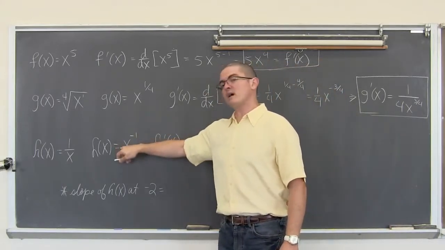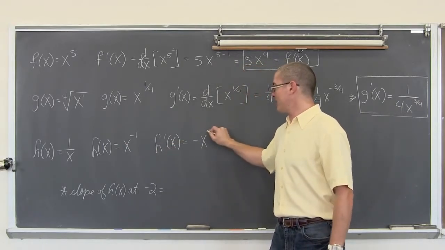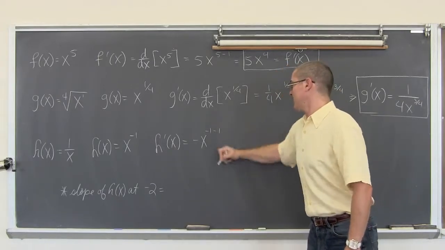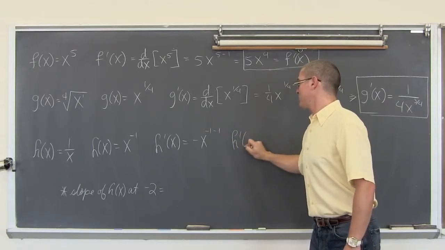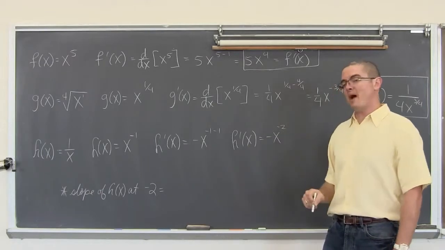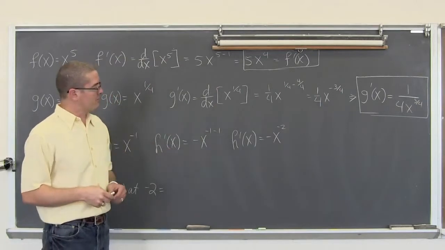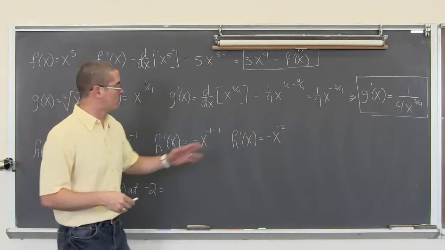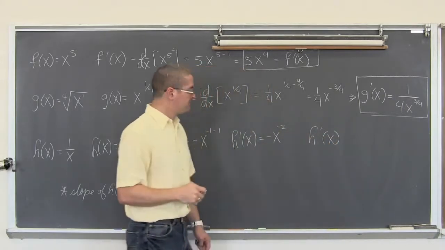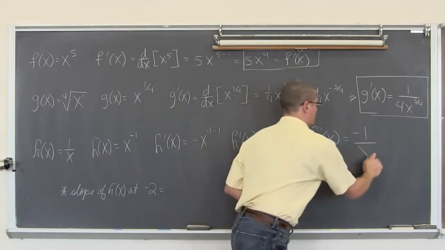We're going to take negative 1, pull it out front, and have negative 1x, and then we're going to have the original exponent minus 1, so h prime of x is equal to negative x to the negative 2 power, because negative 1 minus 1 is negative 2. Well, again, we're not usually very happy with negative exponents, so we can rewrite this as h prime of x, or the derivative of h, is equal to negative 1 over x squared.